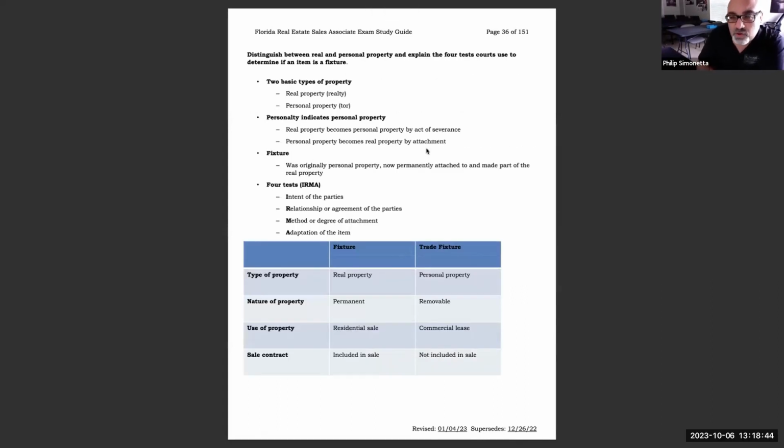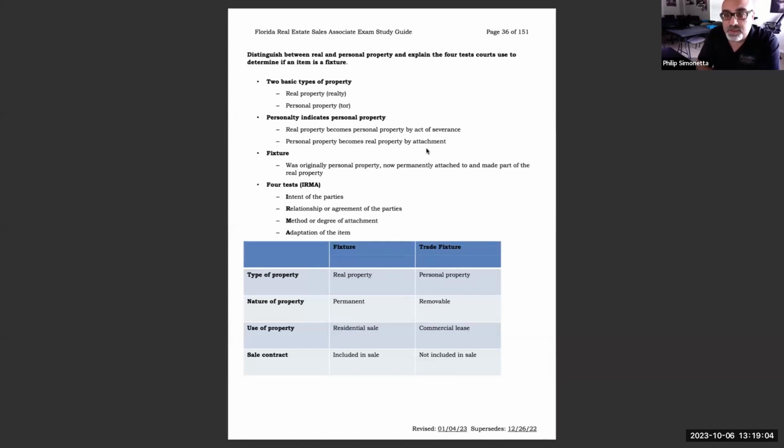You also have to be able to distinguish between real and personal property and explain the 4 tests that courts use to determine if an item is a fixture. You have 2 basic types of property: real property, which is realty, and personal property.